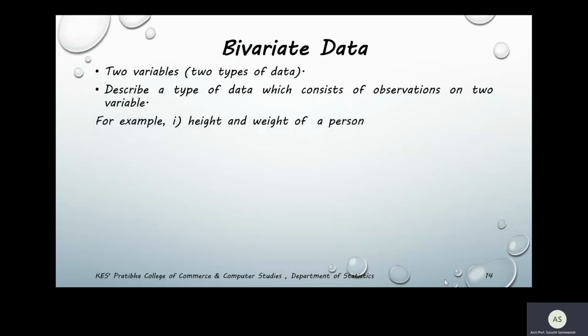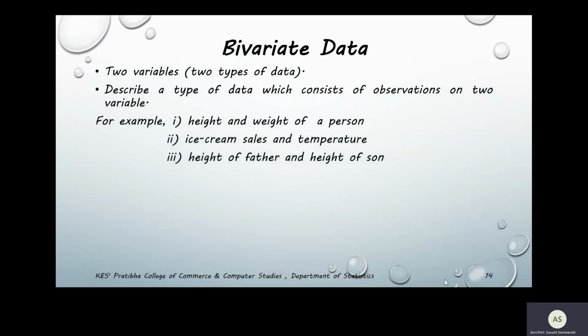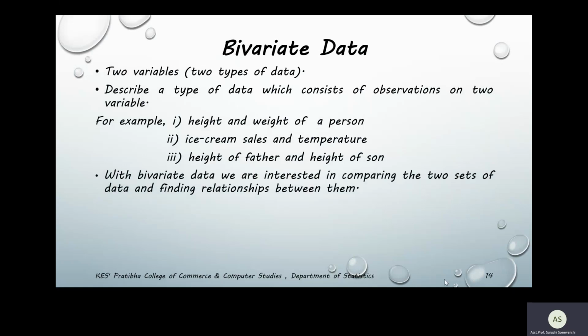For example, height and weight of a person, ice cream sales and temperature, height of father and height of son. With bivariate data, we are interested in comparing two sets of data and finding the relationship between them.